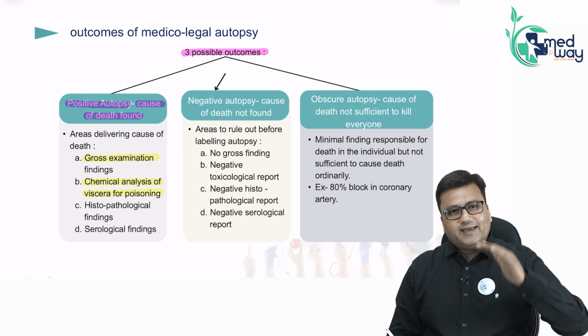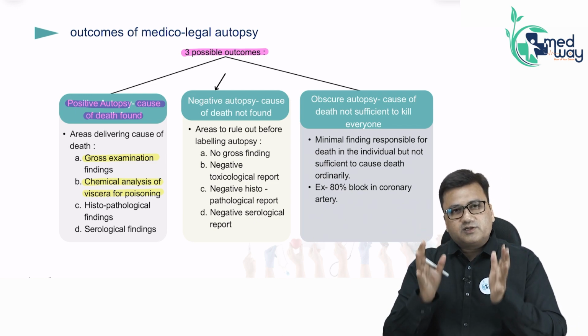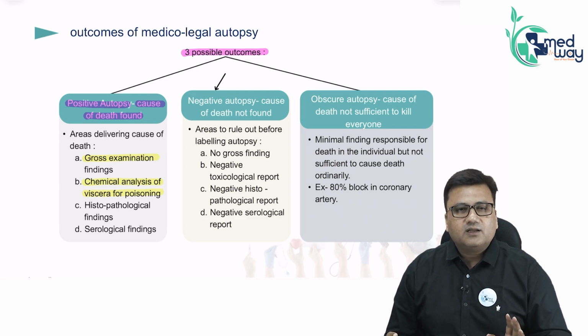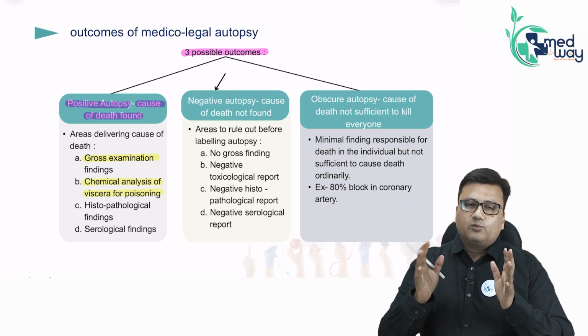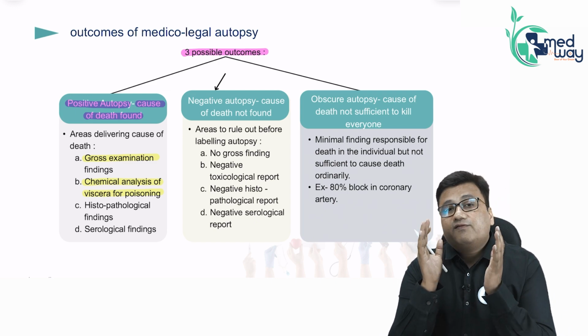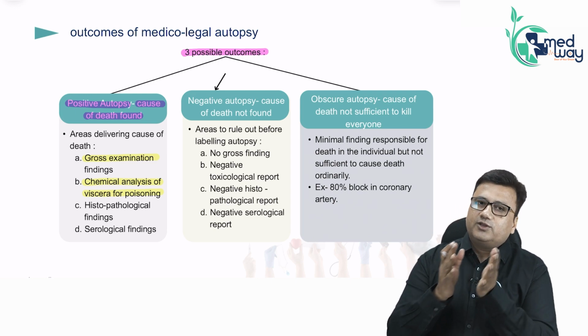The viscera will go to the forensic science lab, it will be analyzed, and if any poisonous content is found in the body, the report will come stating what poison has been seen. So, if we find any poison like that, the cause of death can be attributed to the poisoning.